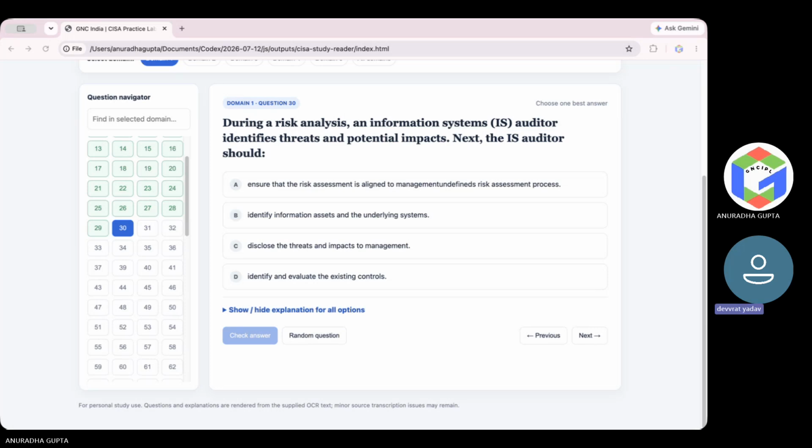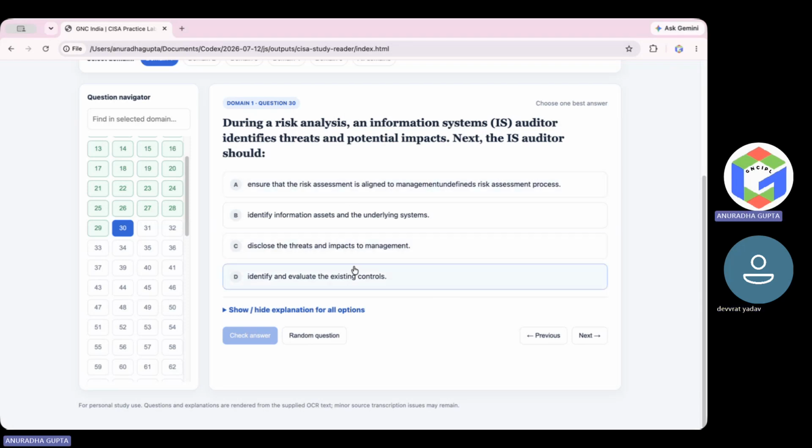Management and comparison management procedure. Information asset.